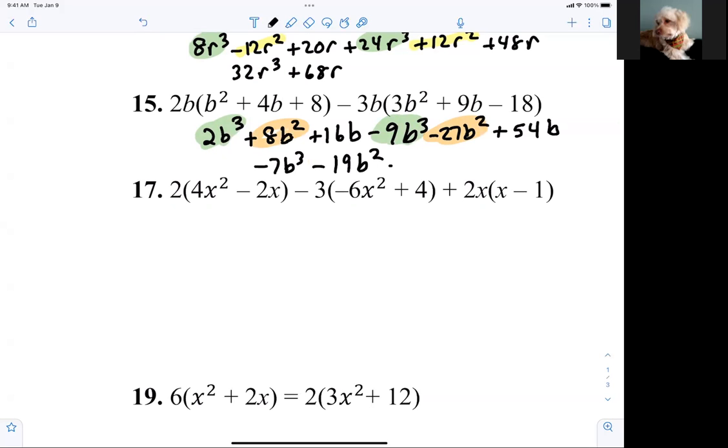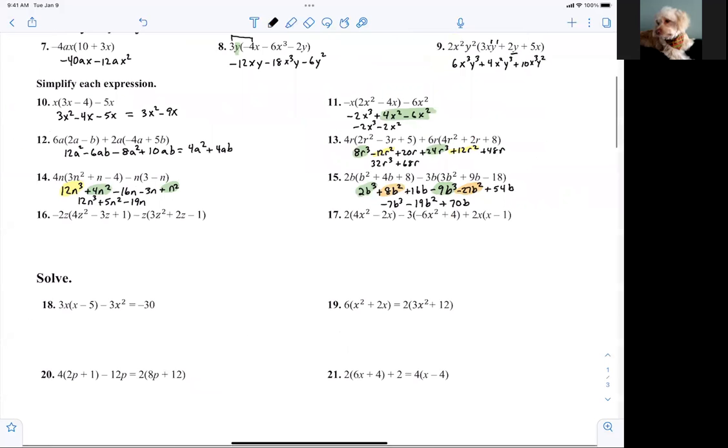And then plus 16b plus 54b is 70b. No reason for you to be a little bit behind. Not even a little bit. All right, that's perfect.